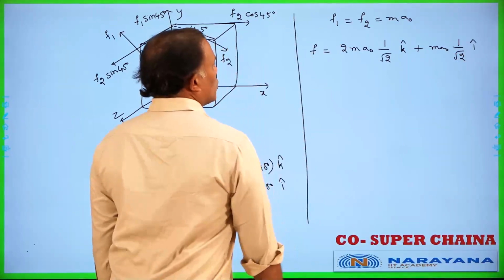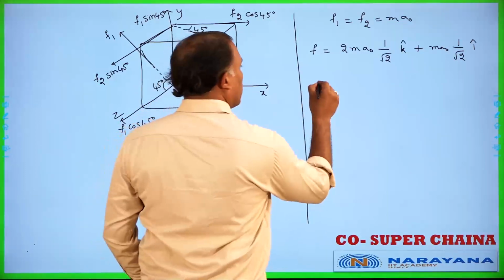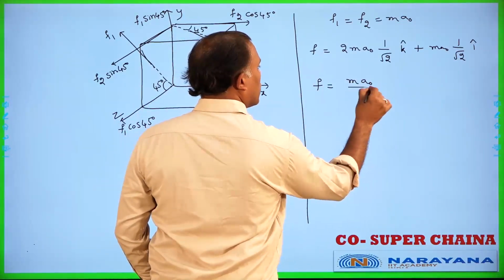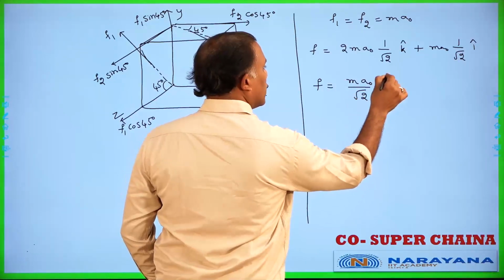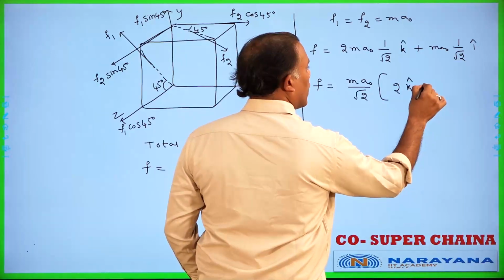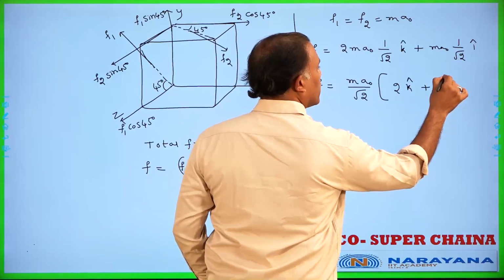So now ma0 by root 2 I am taking common. F is equal to ma0 by root 2 into 2k plus i cap.